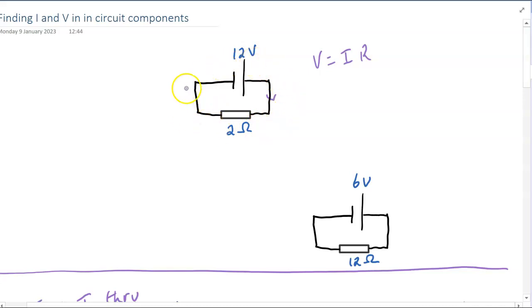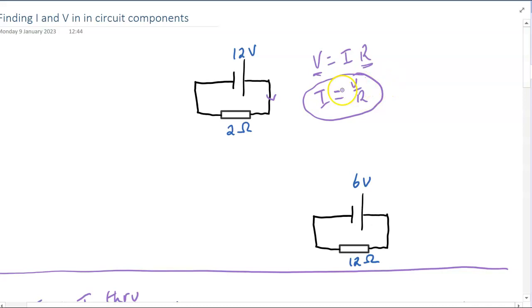Of the whole circuit, you must know to use this if you get the voltage of the whole circuit. The only voltage here is 12 volts. The total resistance of the circuit is 2 ohms. By rearranging this, I get the current is equal to V over R. That's the form of Ohm's law that we're going to use for the rest of this.